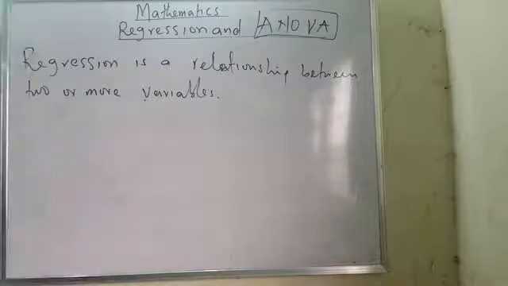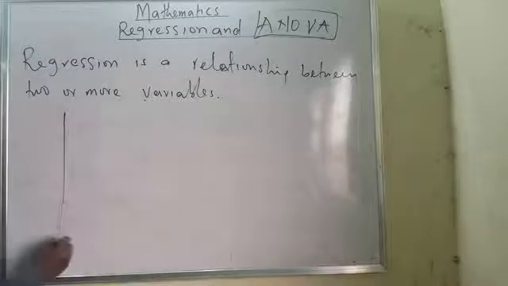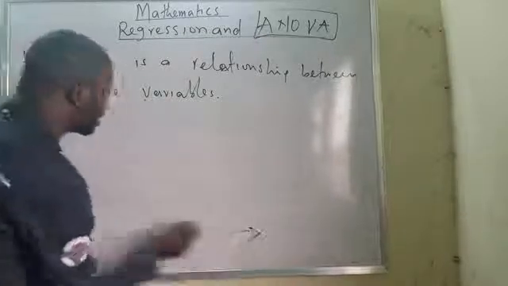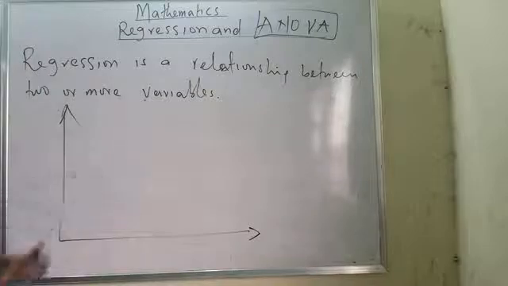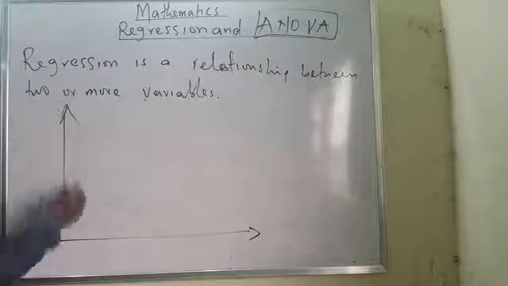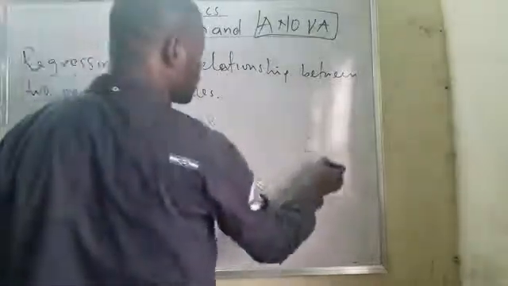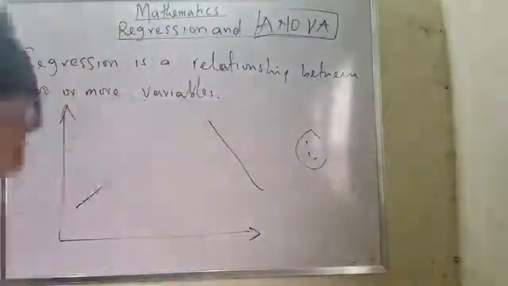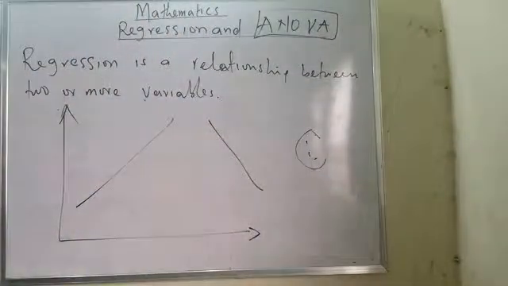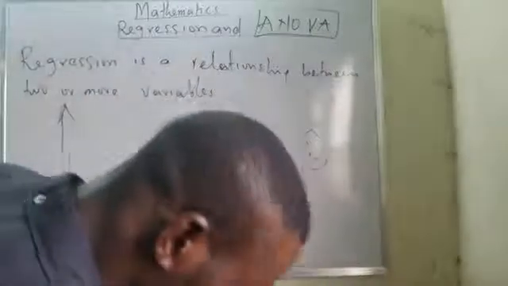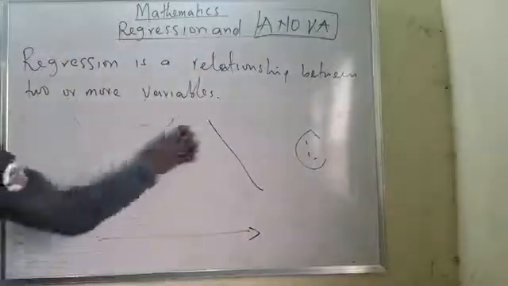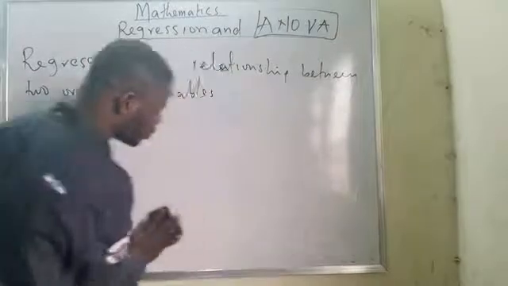The first thing you have to know is the kind of relationship. With the help of our scatter diagram, we have perfect positive, negative, zero relation, and so on. You can check our video on the scatter diagram if you need that. Now, this is for your dependent and independent variables.